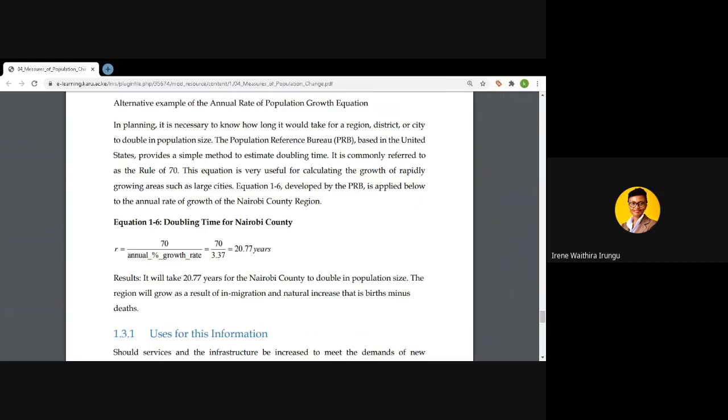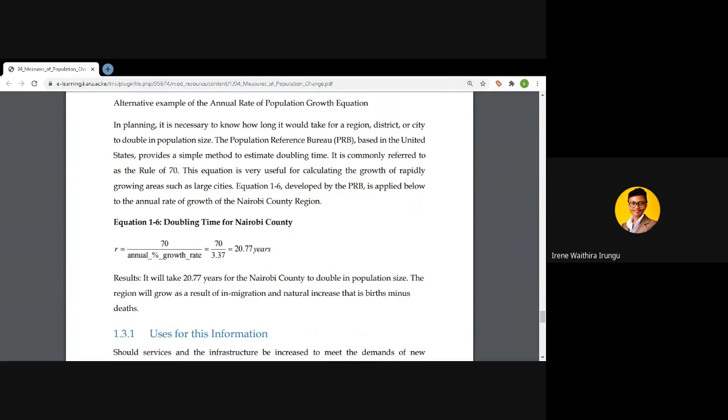So it means that if we had a population of P, then we want a point in time where this population will have grown to 2P, and therefore that's why we use 70. So 70 here marks the logarithm to base e of 2.